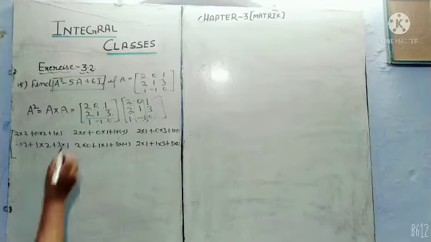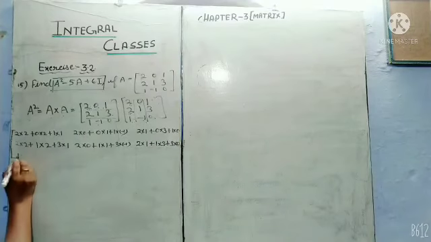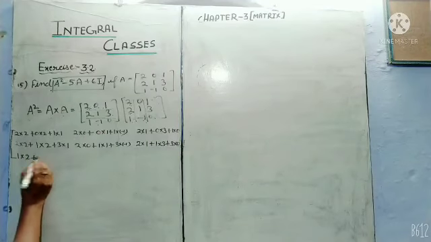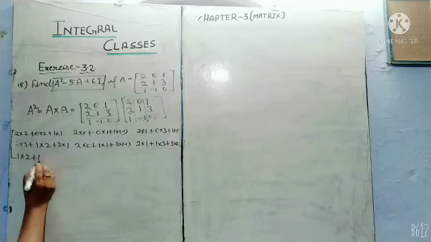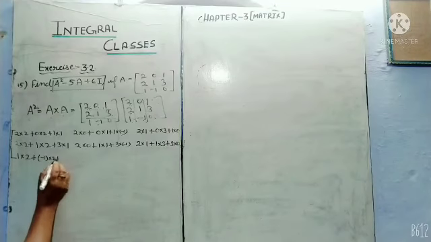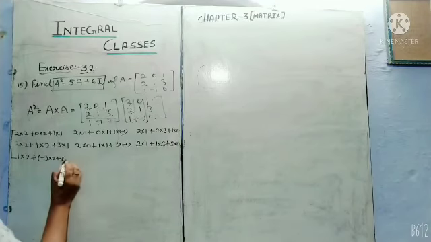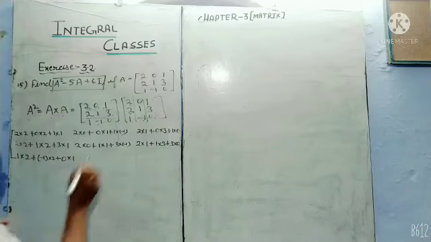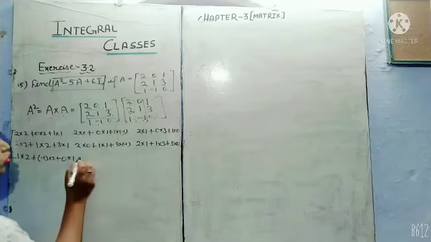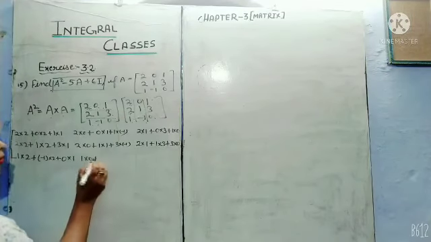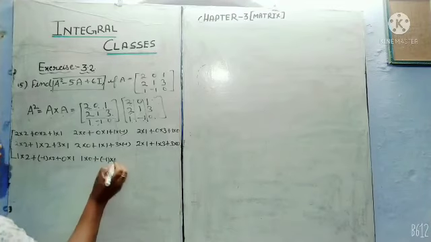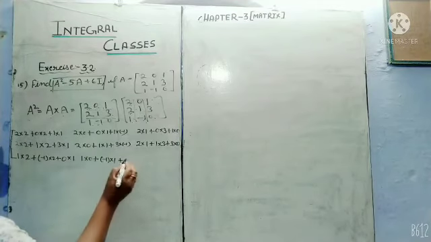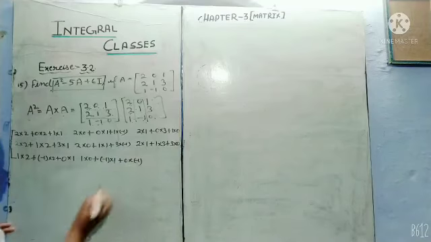Now for the third row, 1 into 2 plus minus 1 into 2 plus 0 into 1. Now second column, 1 into 0 plus minus 1 into 1 plus 0 into minus 1.